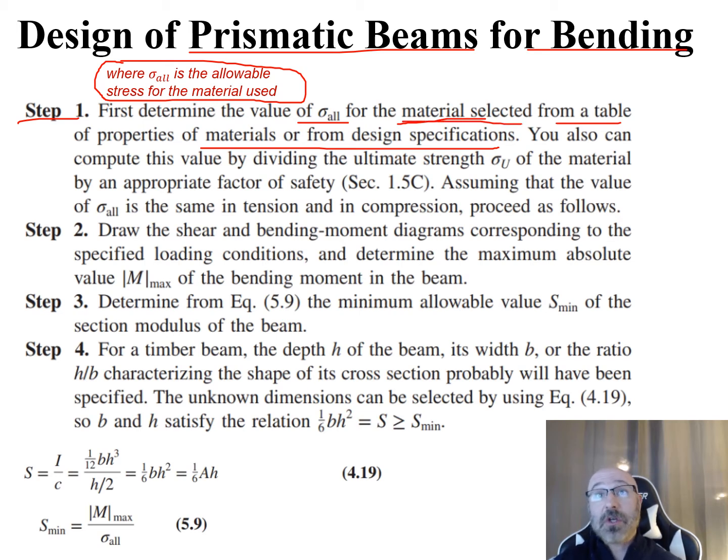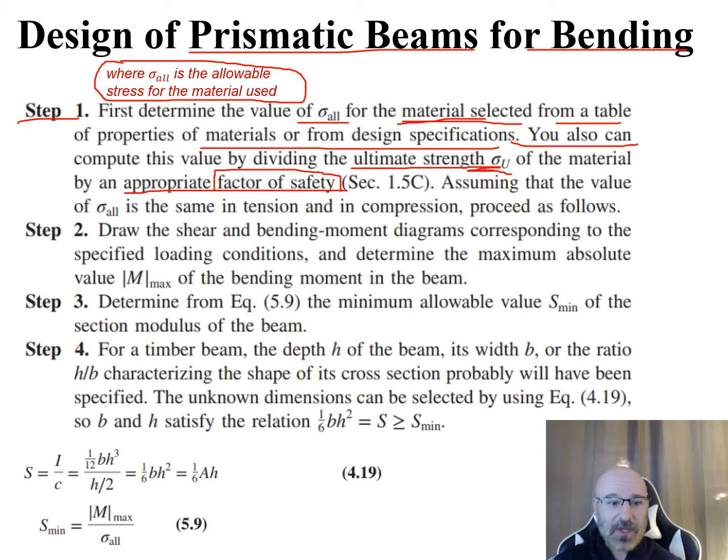We can also compute this value by dividing the ultimate strength of the material, sigma sub u, by the appropriate factor of safety. This is where we talked about that safety factor, and it's important to start considering it from the very beginning of our design process. This shouldn't be an afterthought at the end. We need to anticipate that people will use our design outside of its intended purposes.